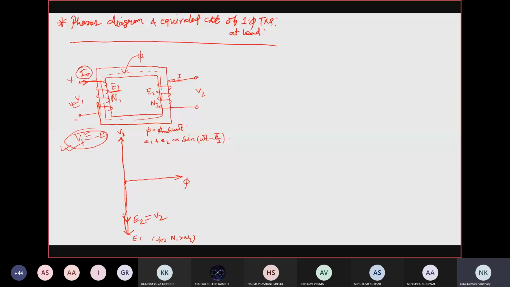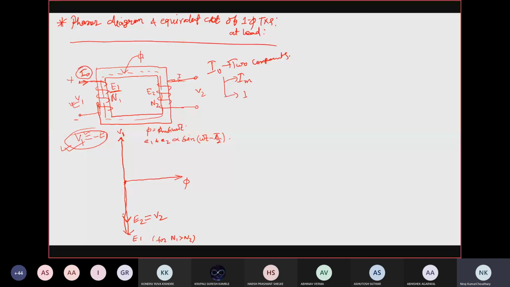So can you say what will be the direction of I naught? But before that, you should know that I naught, that is no load current, will have two components. First one, let us consider, is IM, and second one will be IC.